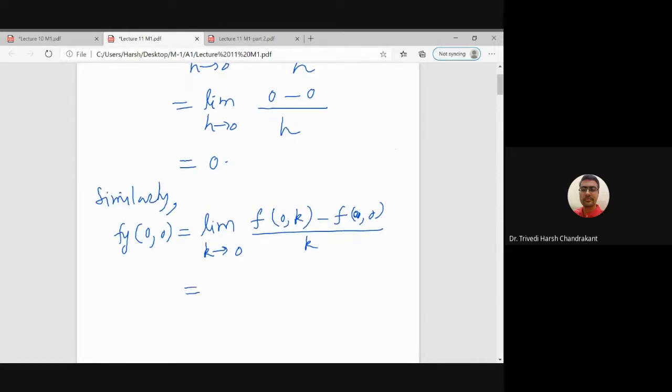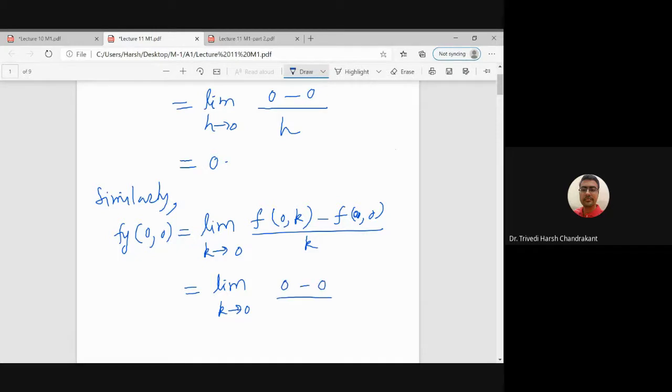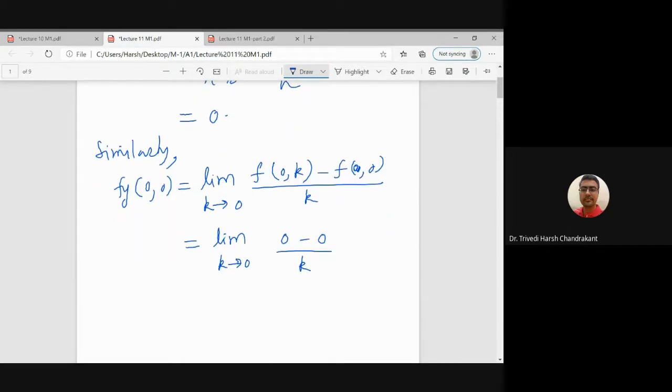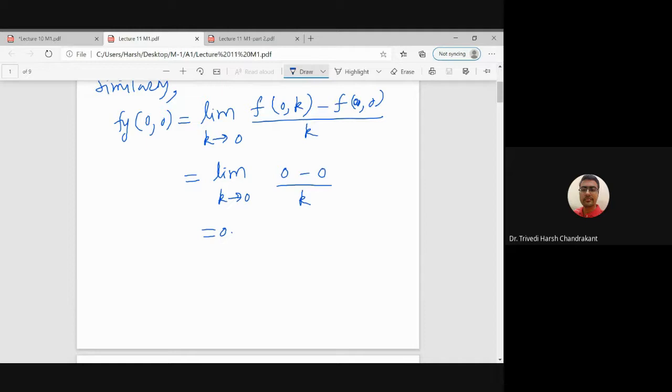Again here the first coordinate is 0 in f(0,k), so the value of the function is 0, minus 0 divided by k, and that equals 0. So both partial derivatives of the function are 0, and therefore the gradient itself is 0.